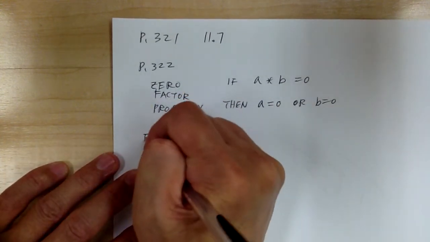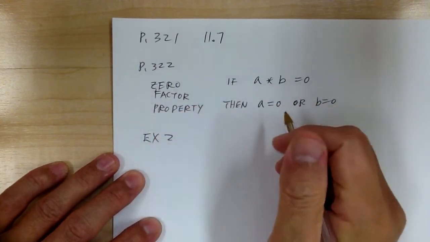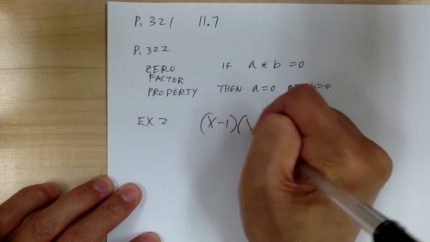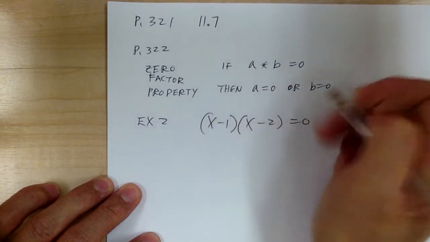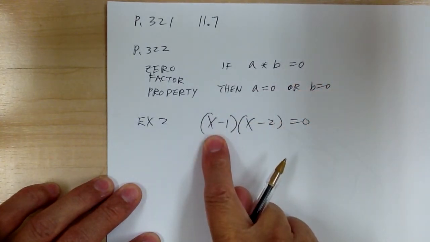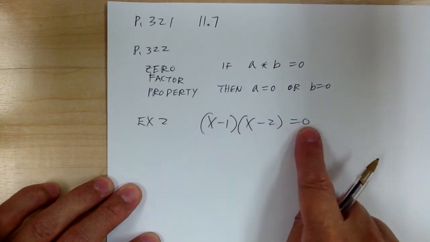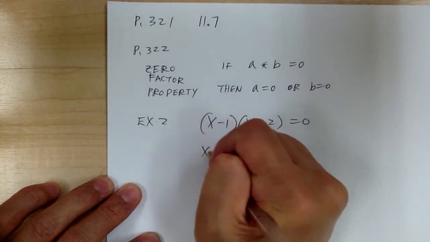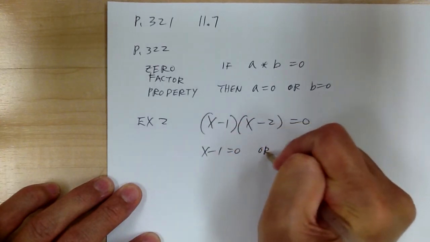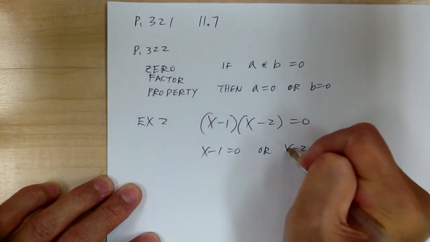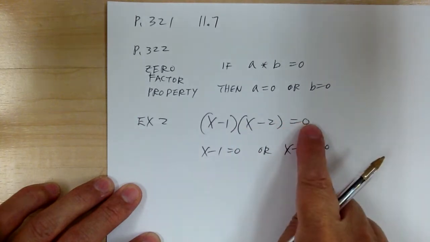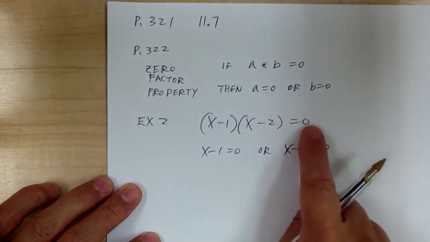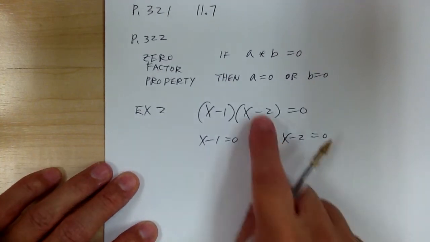So by using these, you can solve equations. If you go to example 2, you have x minus 1 times x minus 2 equal to 0. So you have something times something equal to 0, which means that x minus 1 equals 0 or x minus 2 equals 0.